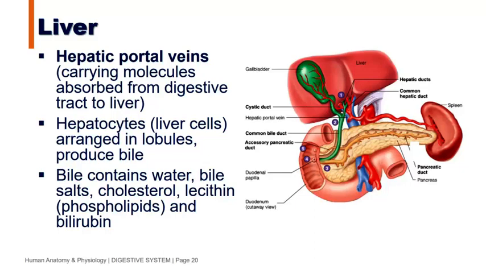Next, we have hepatocytes or liver cells arranged in lobules that produce bile. The bile contains water, bile salts, cholesterol, lecithin or phospholipids, and bilirubin.